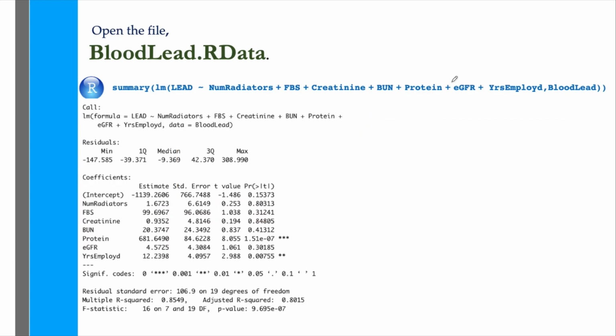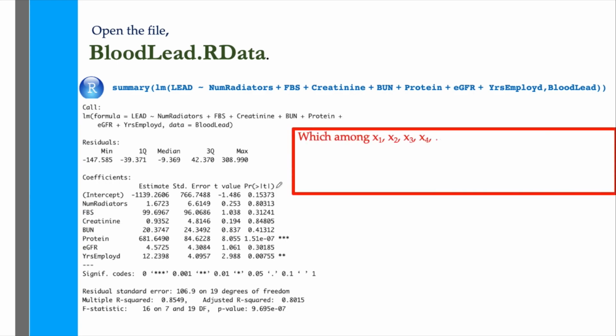Now, which of the following here do you think is a contributor of blood lead? Since the null hypothesis is not rejected whenever the p-values are greater than 0.05, which of the following here is a predictor of blood lead?